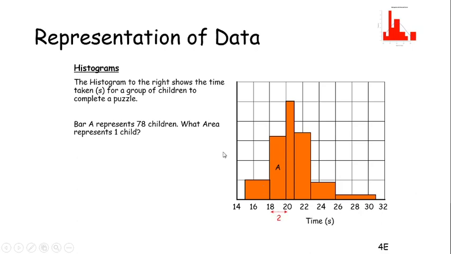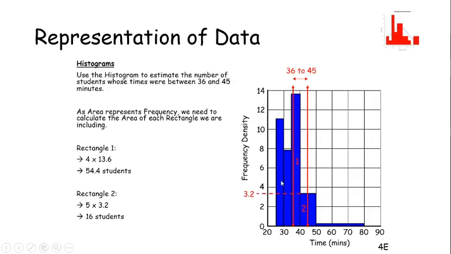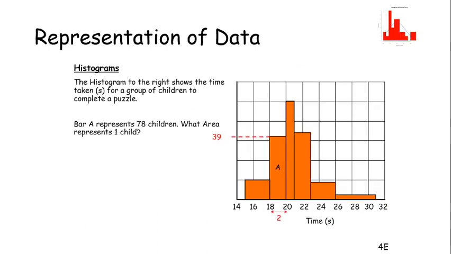So 2 times the height is 78, which gives me a frequency density of 39. From that, you might have a bar missing here, and you might be asked to fill in the rest of the histogram, or to do what we did back here. You might then be asked to work out the number of students over a certain amount or less than a certain amount, but it should be fairly straightforward.